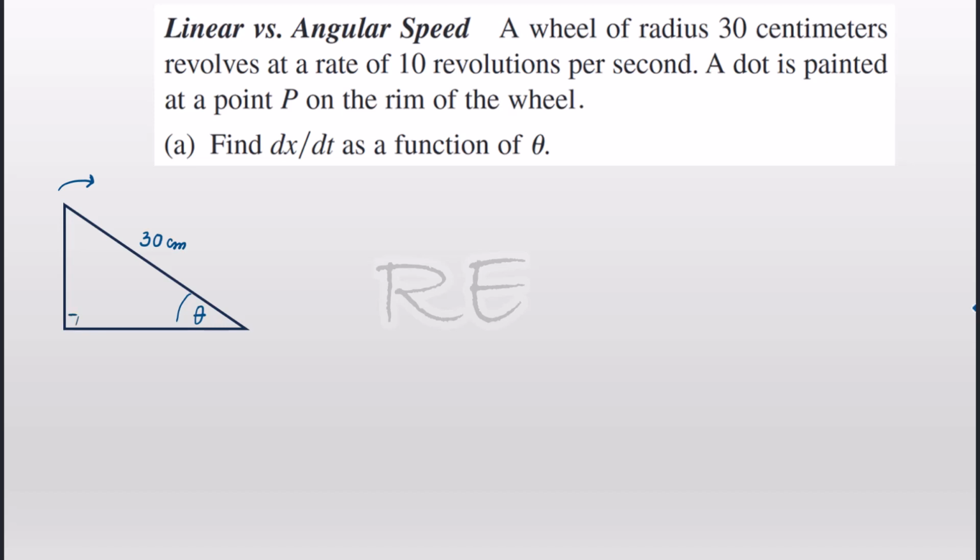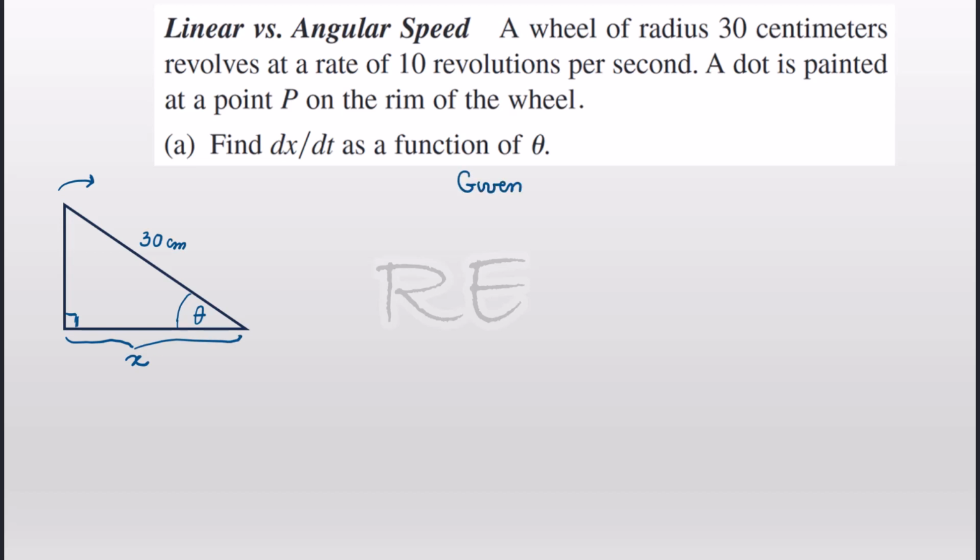The angle made by the dot and the center of the wheel is theta, and the adjacent side will be x. We want to find dx/dt as a function of angle theta.